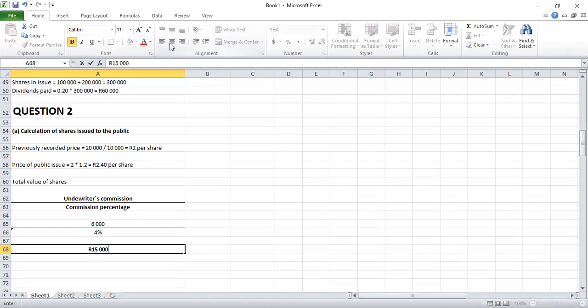Divide by 0.04, so it's 150,000. Yes, I think that would be the final. So that is the value of the issue.